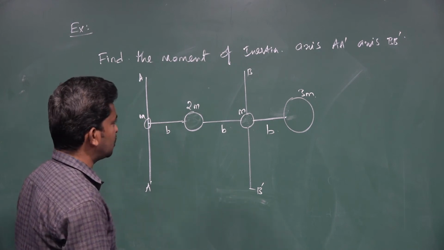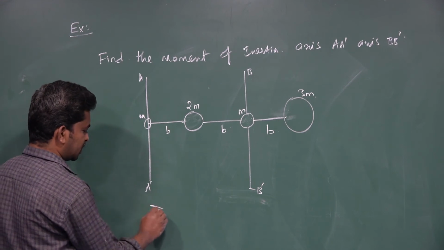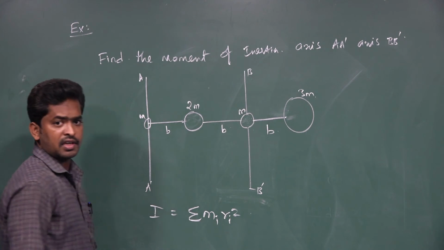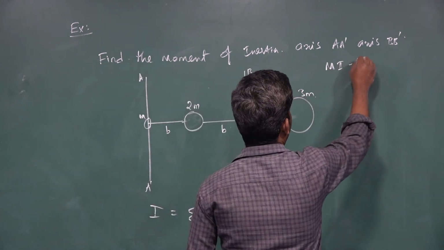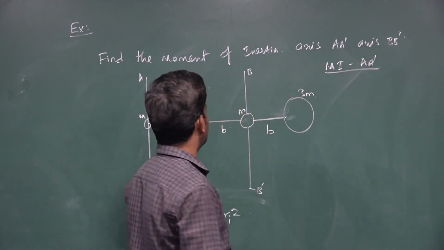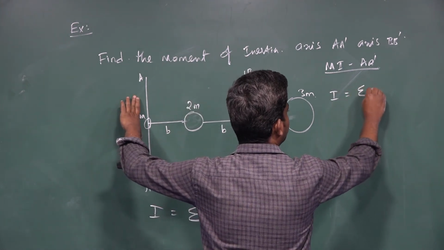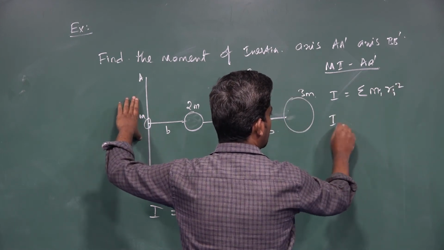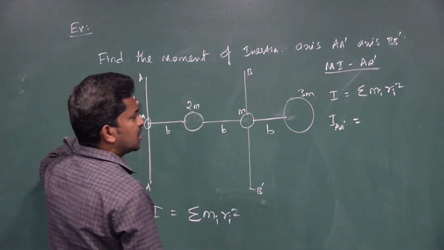The moment of inertia about axis A dash in this system. You know the general formula: moment of inertia I is equal to summation of m_i r_i square. So I want to calculate the moment of inertia about axis A dash, I A dash is equal to summation of m_i r_i square.